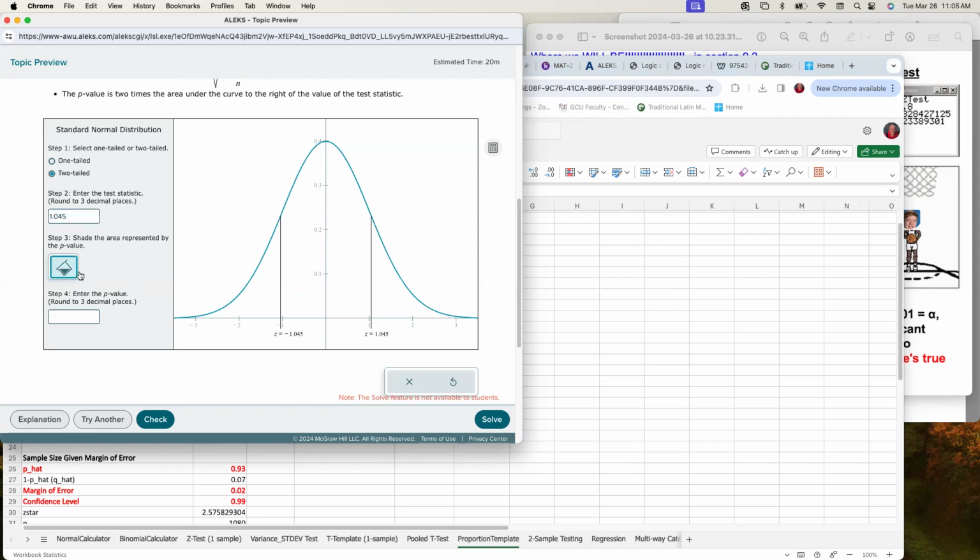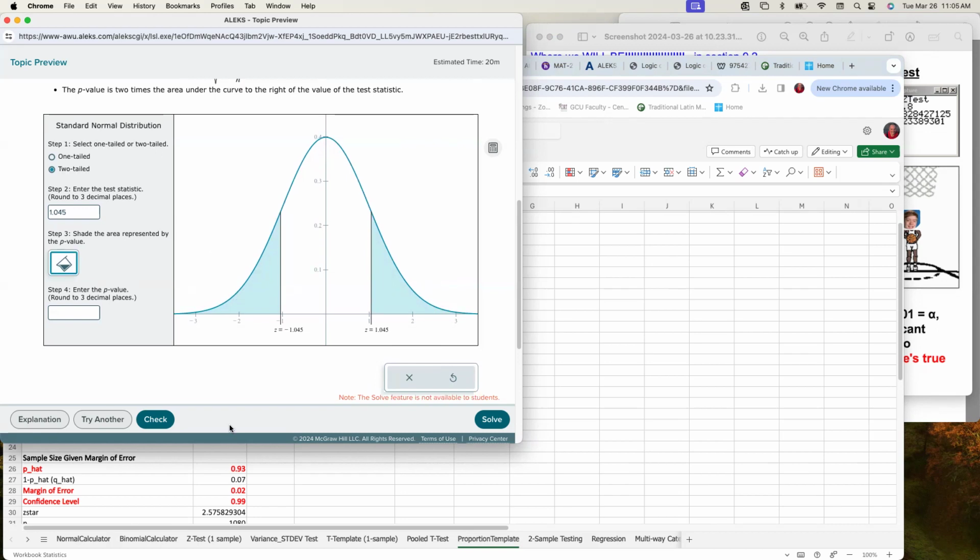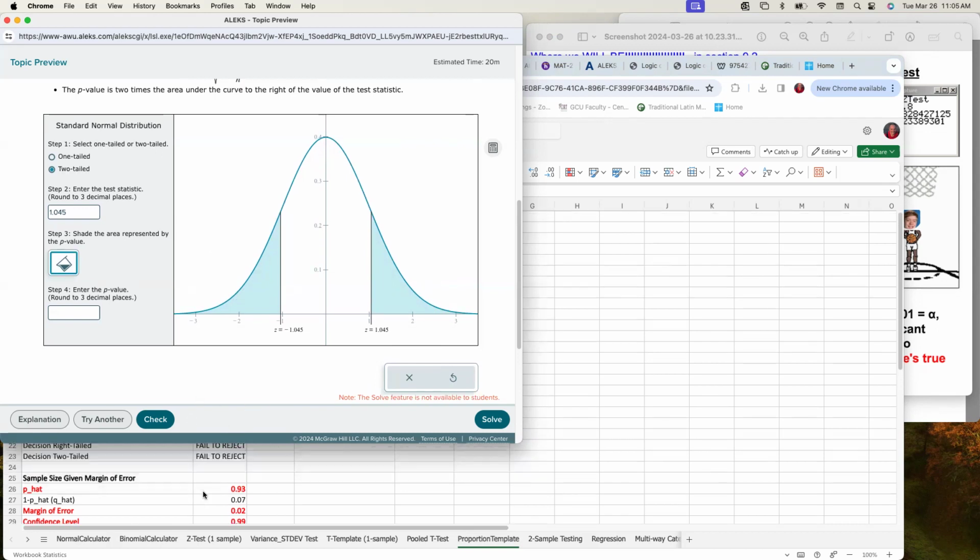And so what I want to do is shade this. So this is a two-tailed test. All I have to do is just hold this over here and it'll shade it. And so basically what we're saying is that area to the right and to the left of the positive and negative of the Z statistic is going to be equal to this p-value down here, which I can't scroll off to go back over. Let's slide this over here.